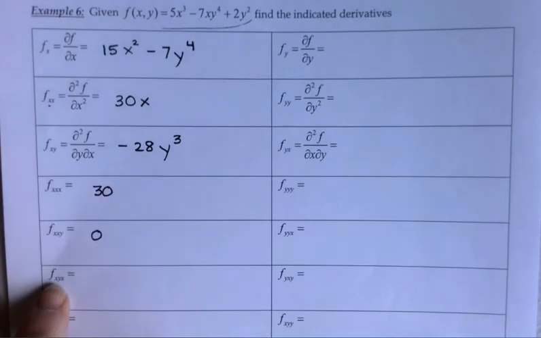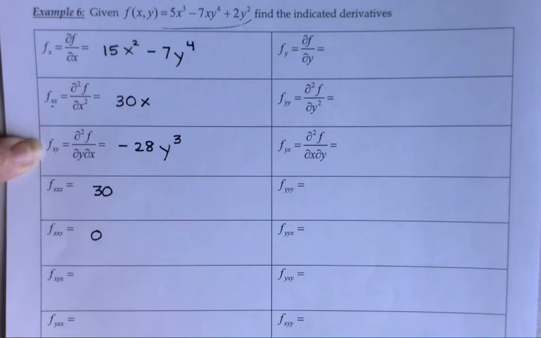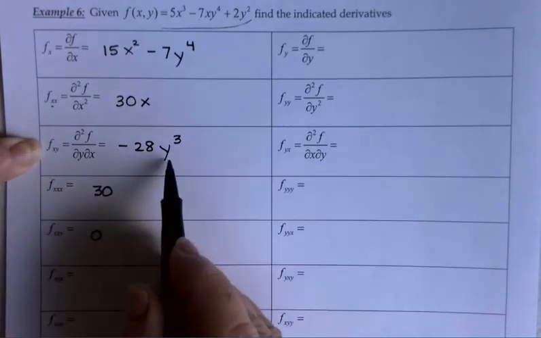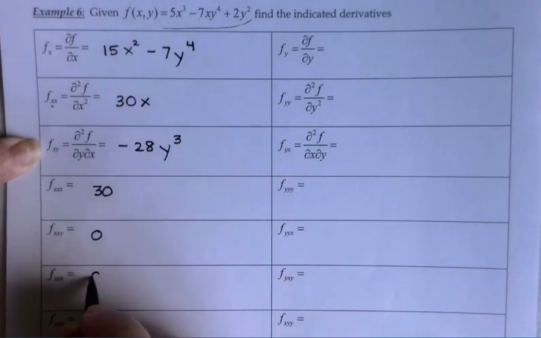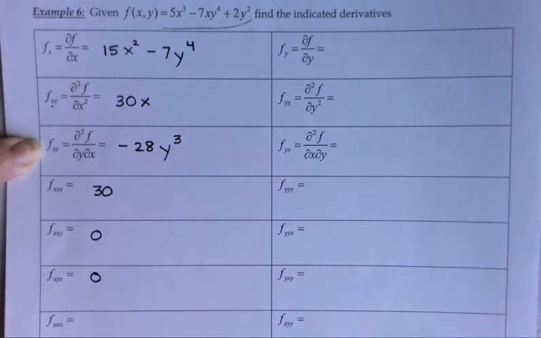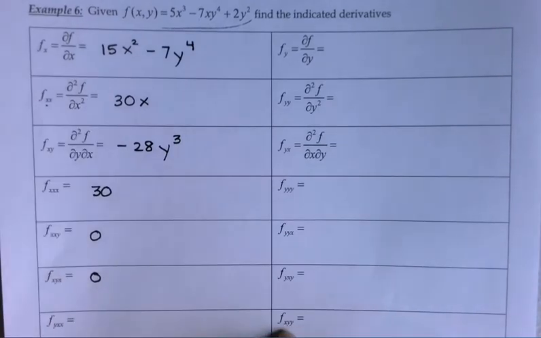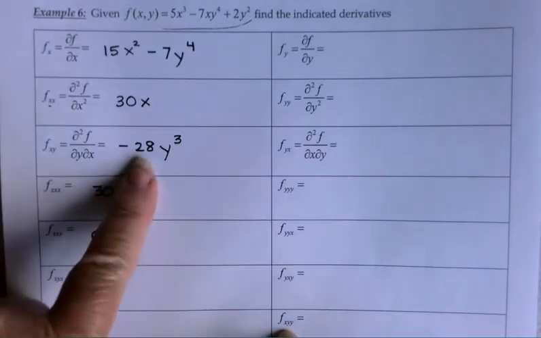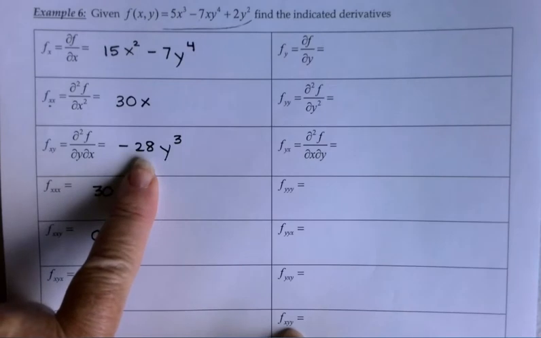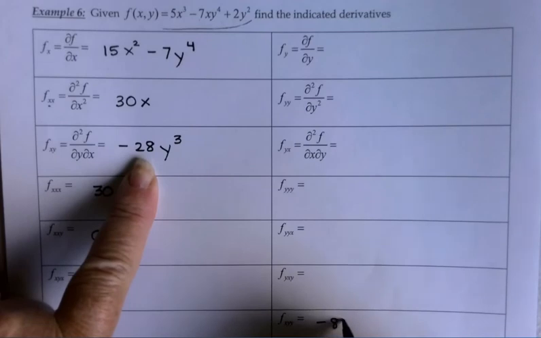Go back to f sub xy, right here, and take a third derivative with respect to x. That's constant with respect to x, so 0. And I need to swap these. Hold on to that one for a minute. We haven't done a yx first. Let's go over here instead. F sub xyy. So start with f sub xy right here, and now do the third derivative with respect to y. That would be negative 84y squared.